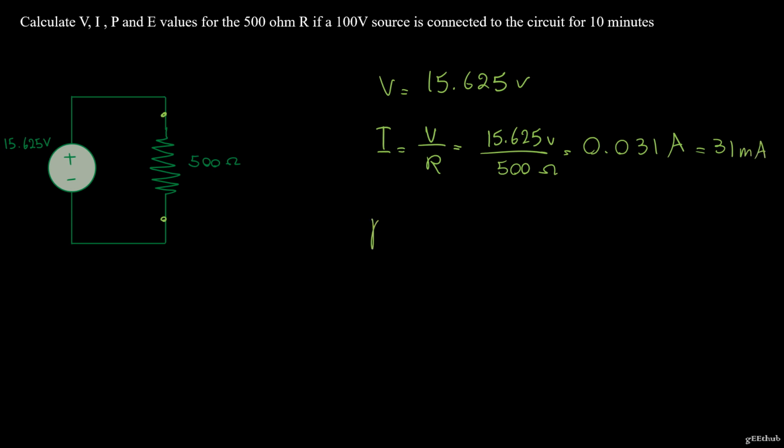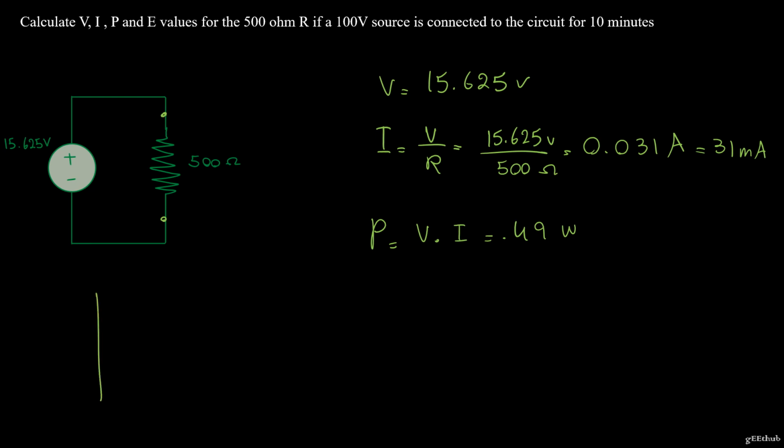And then my power is just V times I, which is equal to 0.49 watts. And now I'm going to be needing the 10 minutes information to calculate for my energy.